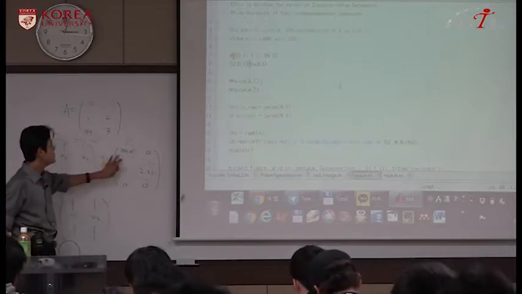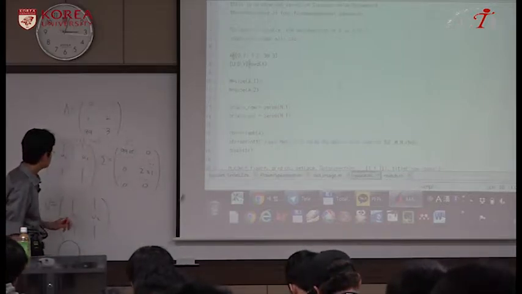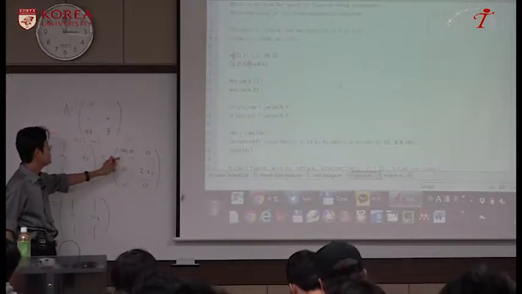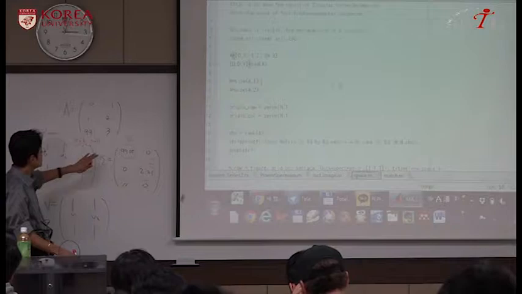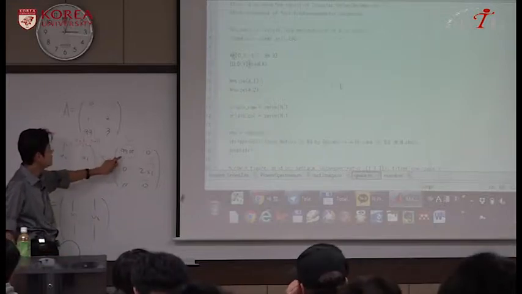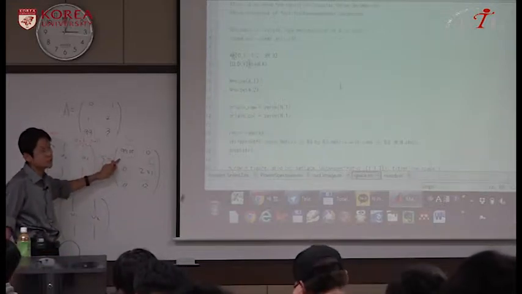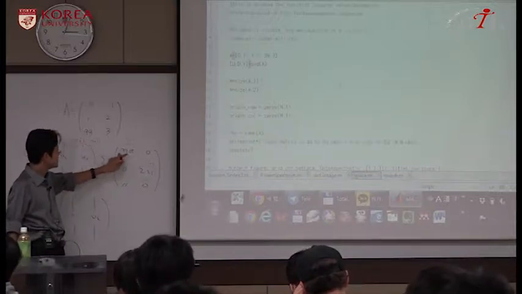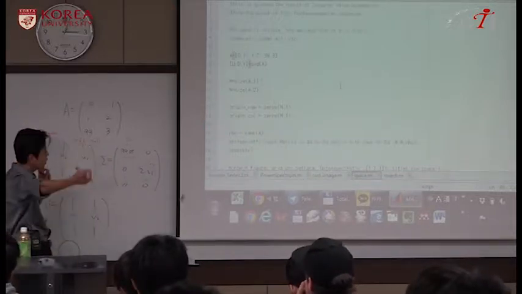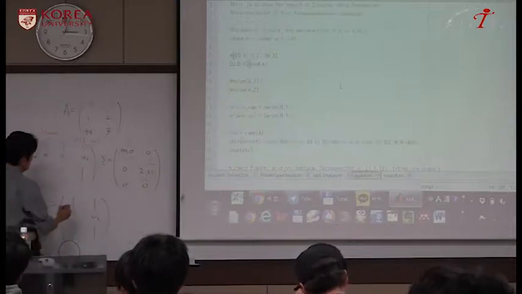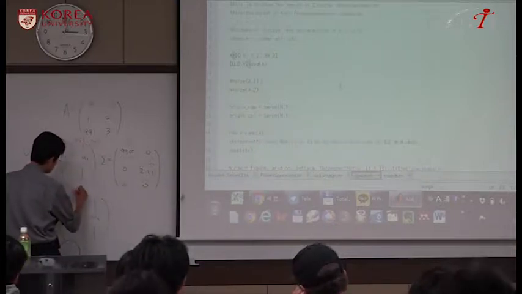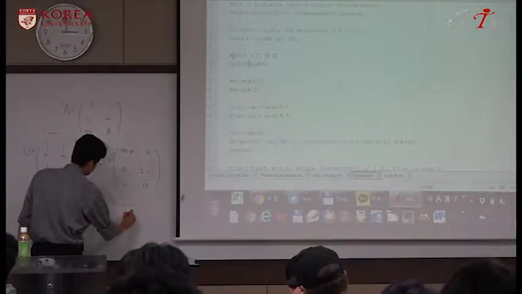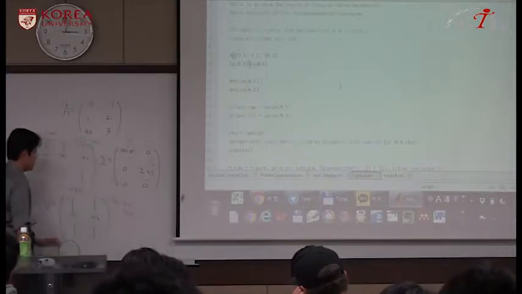So if input is given, it will be scaled in one specific direction, because this is very large. It will be scaled largely in its corresponding direction. And we can see that this is row space, and we can expect no null space.